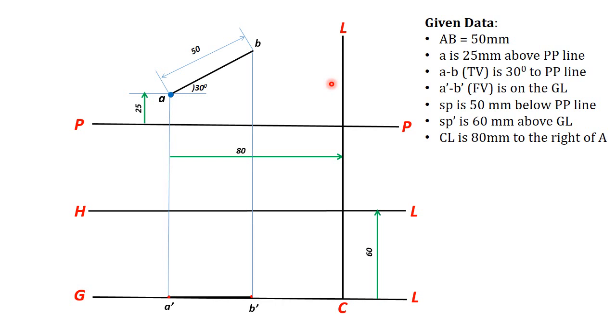So we all know the station point. To locate the station point, we should have two dimensions in top view and also two distances in front view. In top view you should find the distance from PP, that is in front of PP, and also the distance from the object.